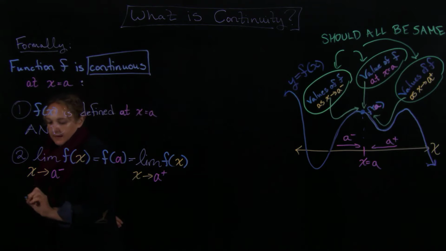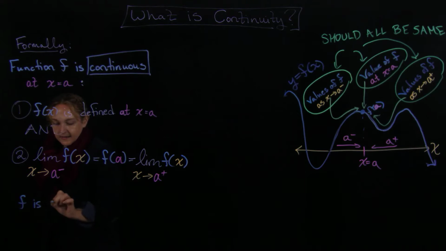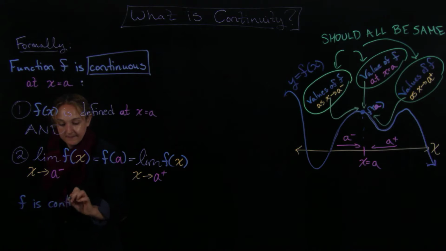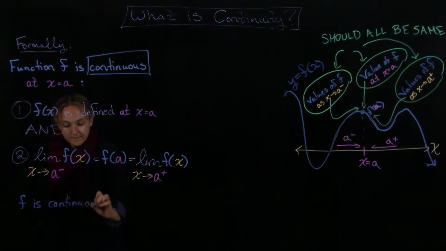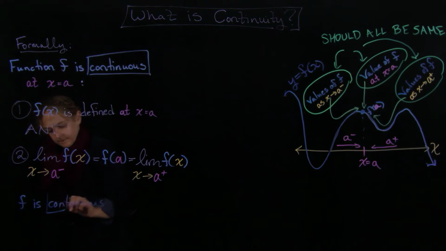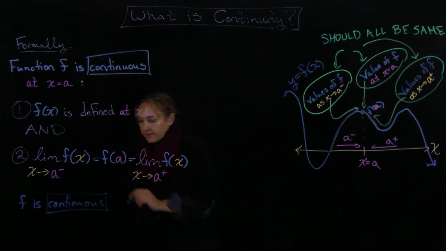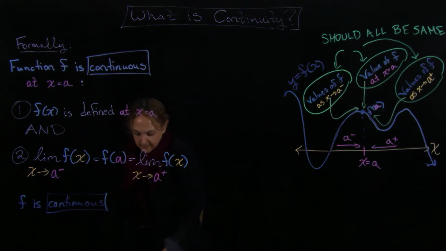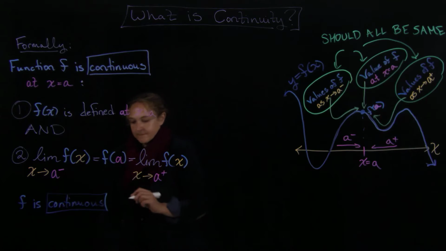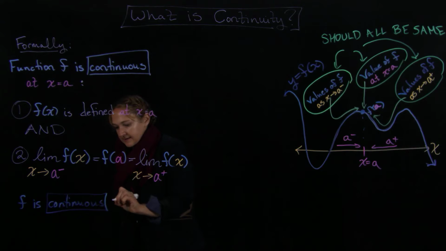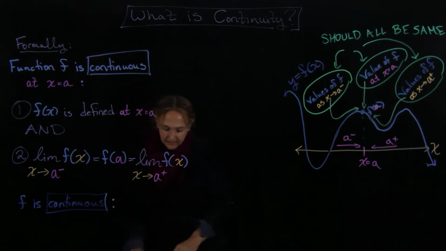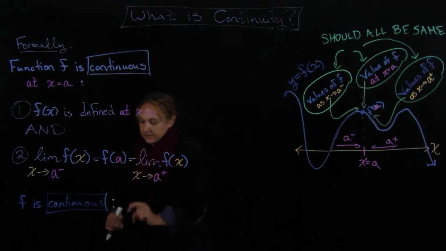Then we would say that f is continuous if it is continuous at every x equals a in its domain.